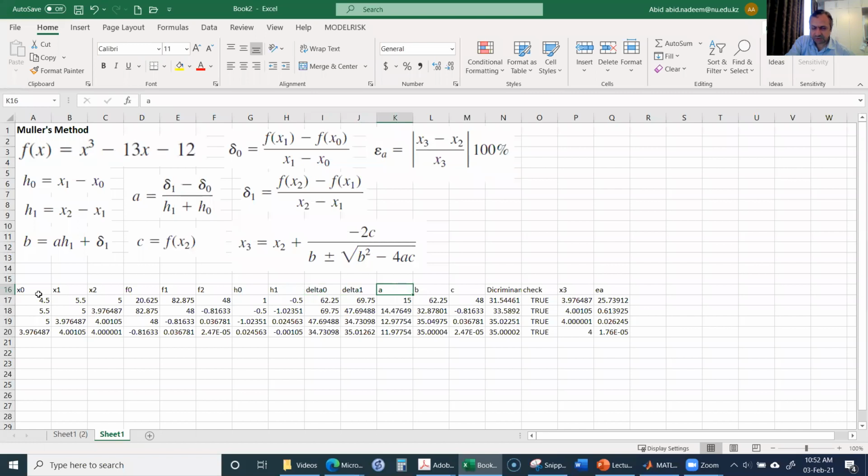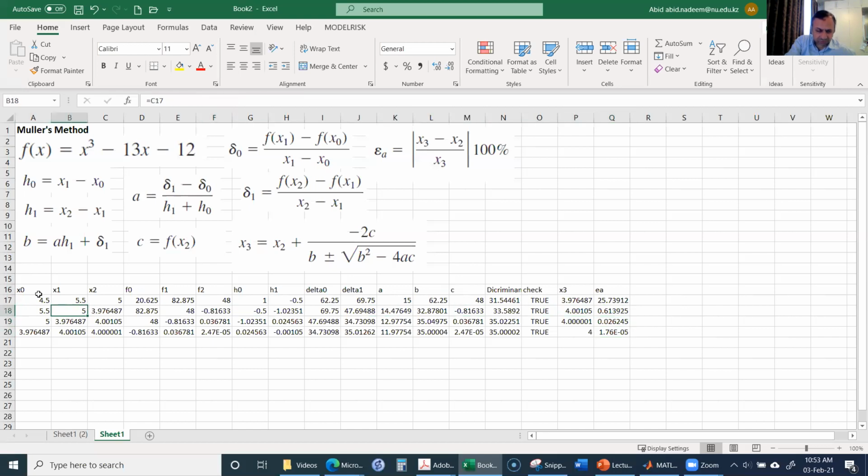Then you will calculate a, then b, then c, and then you will calculate the discriminant b square minus 4ac, and then you will apply the check. The check means whether we want to use the plus or minus, and then from here we will calculate the value of x3, and then you will calculate the percentage approximate error. So in the first case it was 25.7, in the second case it was 0.6, and then it was reduced to 0.02, and then it reduced to even less.